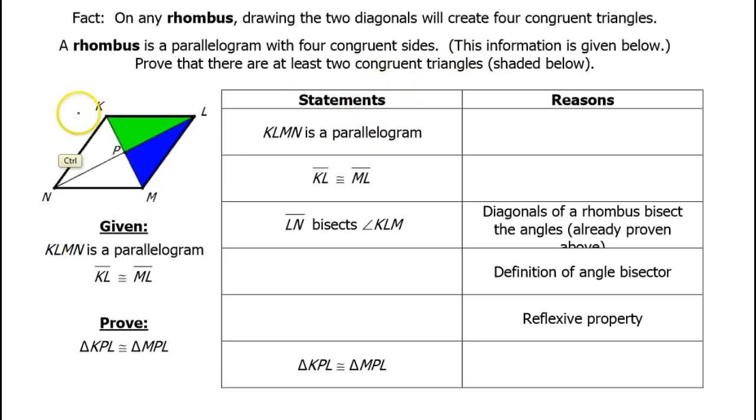So we're given that the whole thing is a parallelogram, and we are given that KL is congruent to ML. KLMN is a parallelogram, that is given. KL is congruent to ML, that is given.